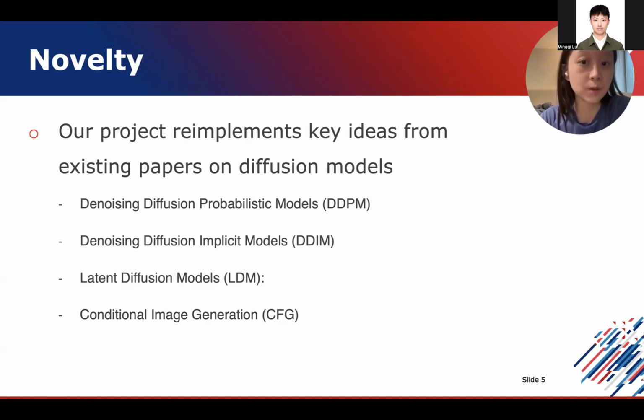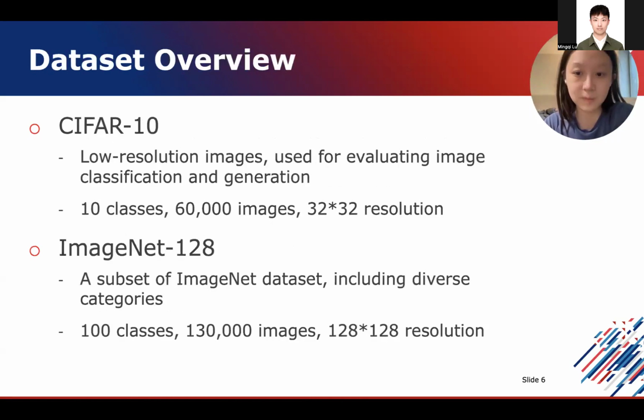Third, we moved the denoising process into LDM, which operates in a compressed latent space rather than pixel space, greatly reducing the computational cost. Finally, we integrated conditional image generation with CFG, enabling the model to generate images aligned with specific class labels without needing an external classifier.